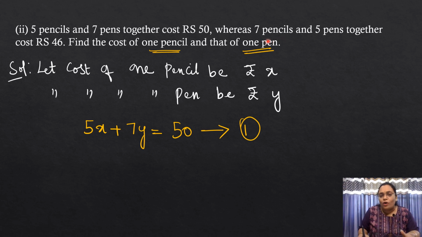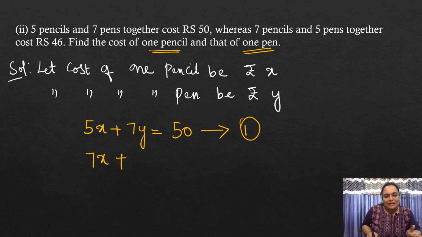Now let us form the other equation. If 1 pencil costs rupees x, how much do 7 pencils cost? 7x. Plus, if 1 pen costs rupees y, then 5 pens cost 5y.